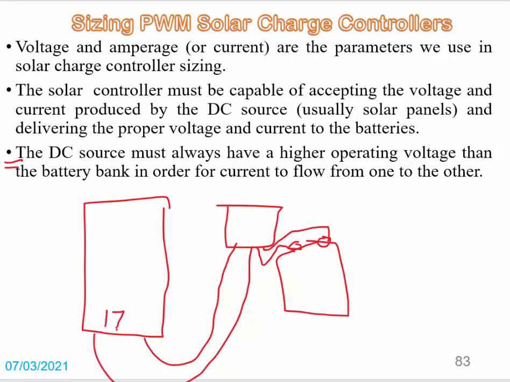For example, the solar panel produces 17 volts and the battery is 12 volts. In this case, the current will flow from the high voltage to the low voltage. This is very important: the current flows from the high voltage to the low voltage.